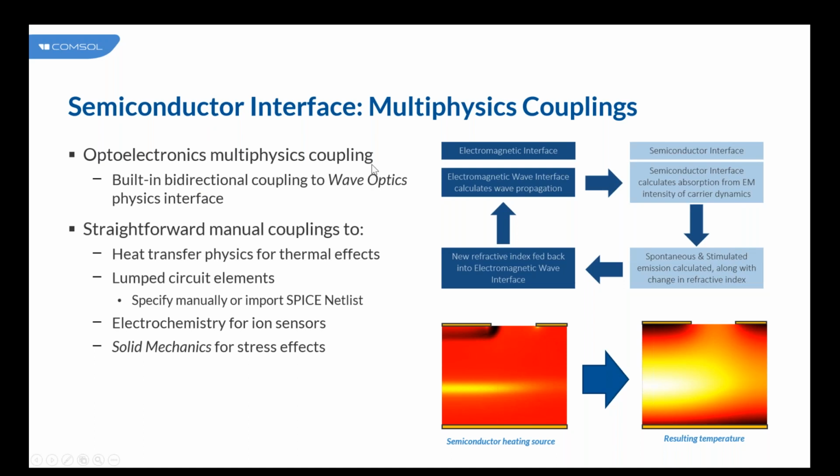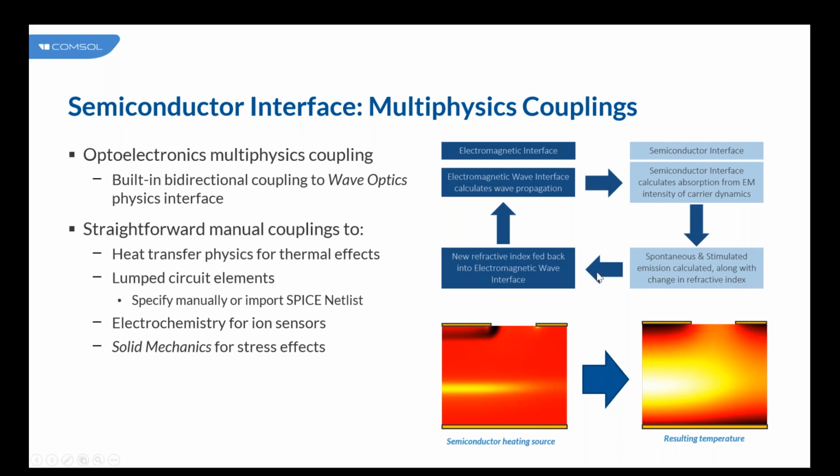The way it works is you use the Wave Optics module to send in light, and the light creates the field that will feed to the semiconductor, and the semiconductor interface will calculate stimulated emission and absorption, spontaneous emission, and get those rates, along with the change in the refractive index.